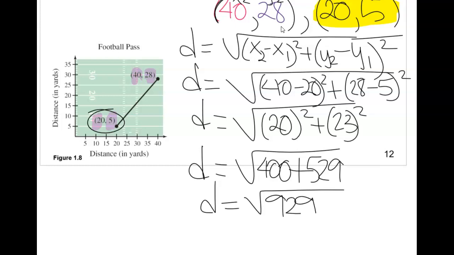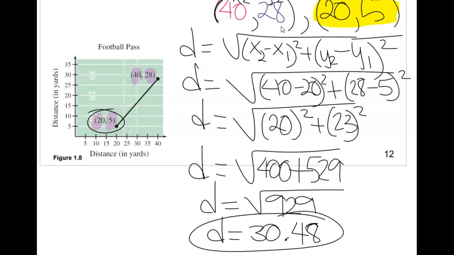And if we take the square root of that, we are going to get an approximation of 30.48.